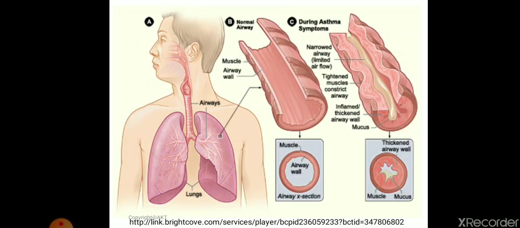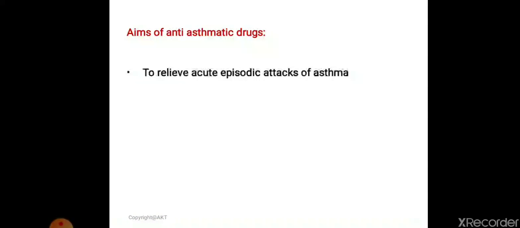You can see in this figure, this is a normal airway, while this is what is affected in an asthmatic patient. It is so much constricted and there will be difficulty in breathing. The aim of anti-asthmatic drugs is mainly to relieve the acute episodes of asthma.